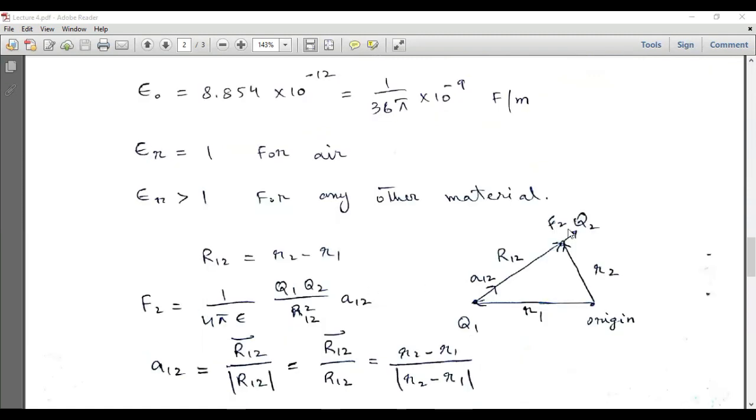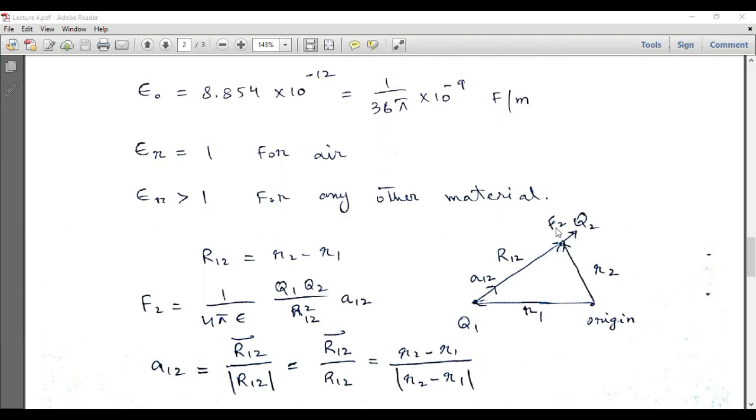So suppose we have two charges Q1 and Q2. If we represent this point as the origin, then this position vector will be r2 and this position vector will be r1. If we want to calculate the force exerted on charge Q2 due to Q1, the force will be termed F2.